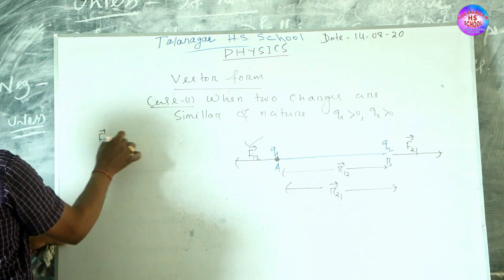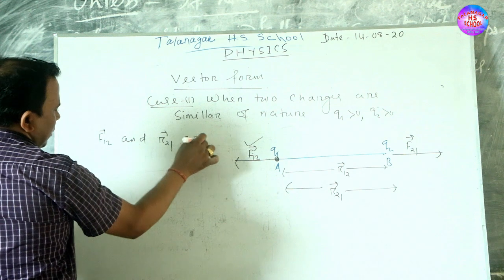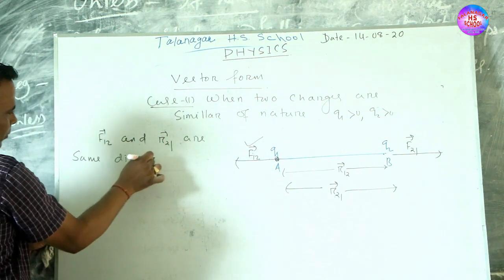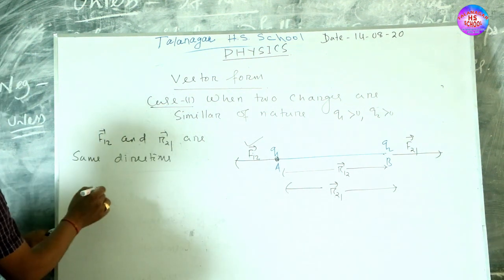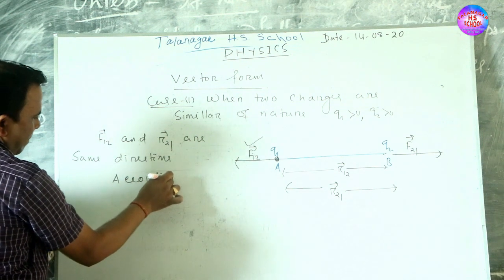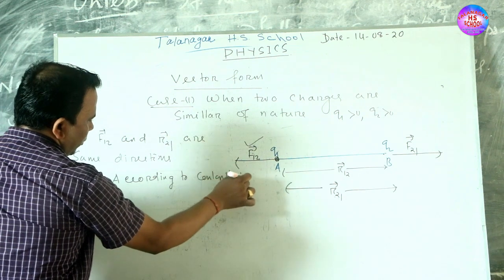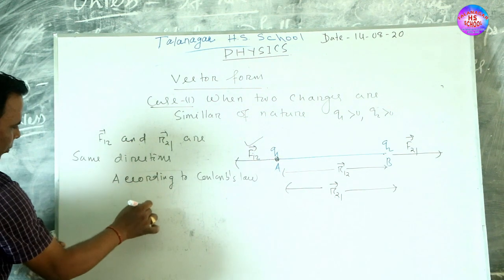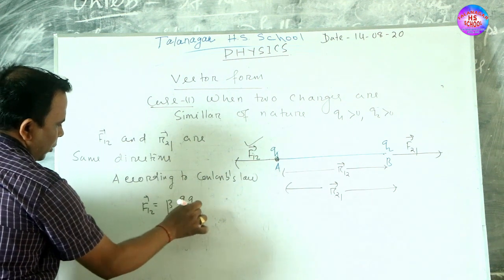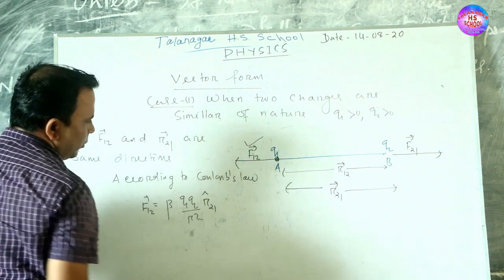Force F12 and the displacement R21 are in the same direction. According to Coulomb's law, F12 is equal to beta Q1 Q2 by r square into R21 cap.